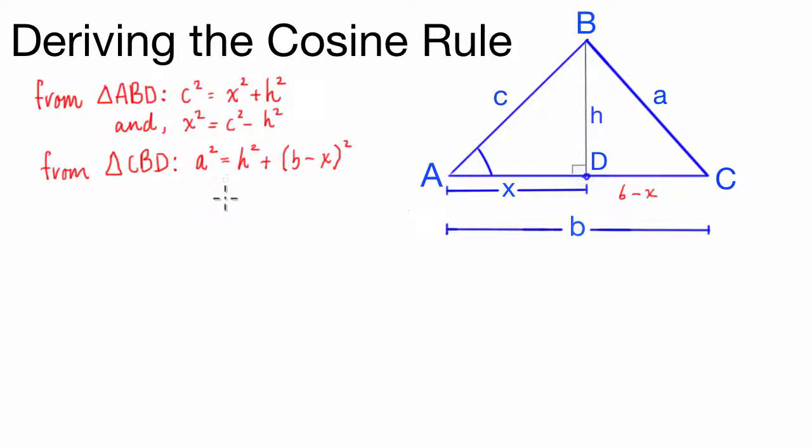Cool. So from here, let's give ourselves a bit more room. A squared is going to be equal to H squared plus, this is going to be a binomial expansion, so B take X, B take X. Now I'm going to expand these brackets.